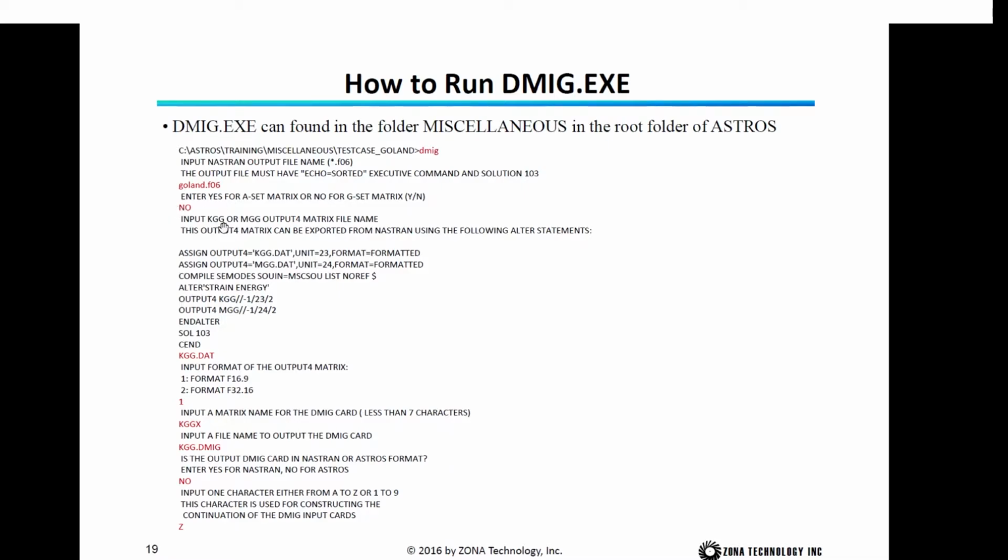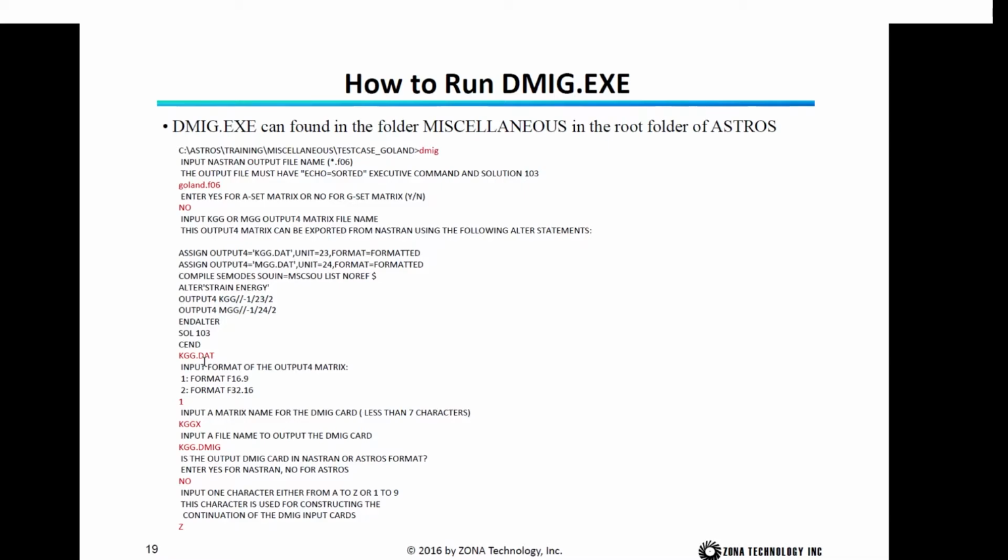Then you say no. That means it's in G set. Then it wants you to input the KGG MGG output 4 matrix file name, and this time we will say K2G.dat.